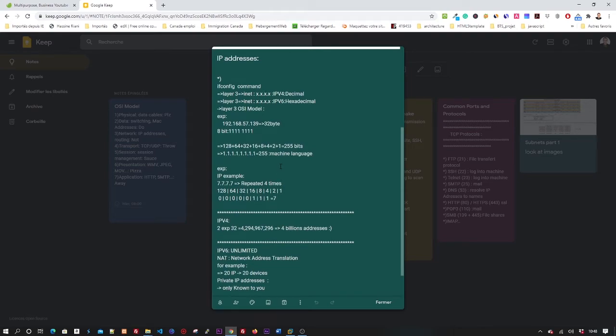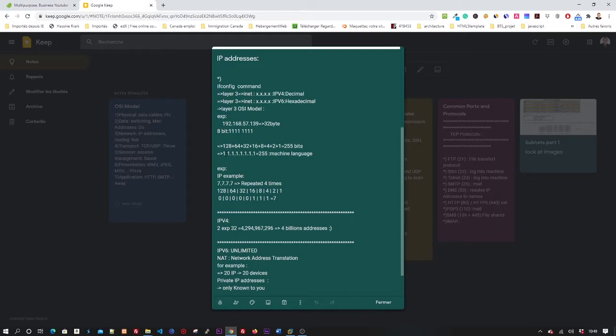And now, when we calculate the number 255, we get 128 plus 64 plus 32 plus 16 plus 8 plus 4 plus 2 plus 1. We get 255. In front of each number here, we put 1.